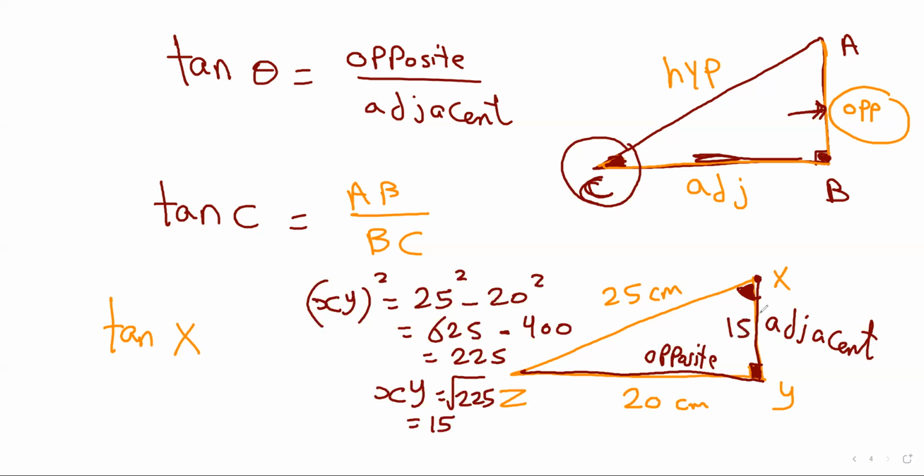So this side is 15. I want to get tan X, so the opposite is 20 over 15. We can simplify by dividing by 5 top and bottom: 4 over 3. That's tan X.